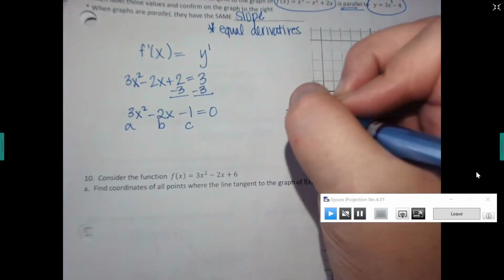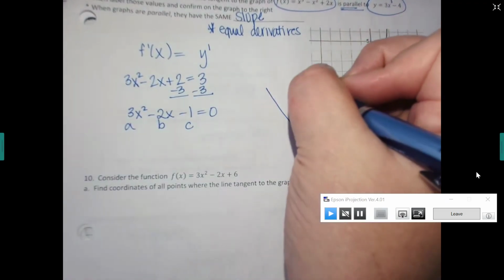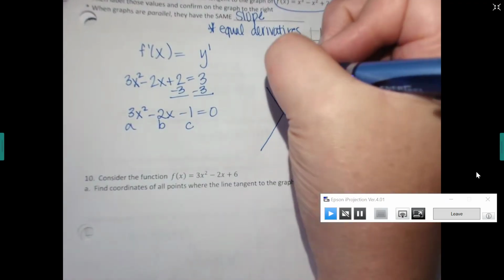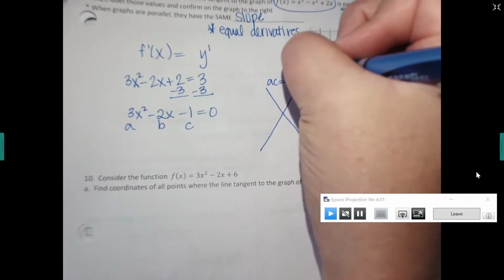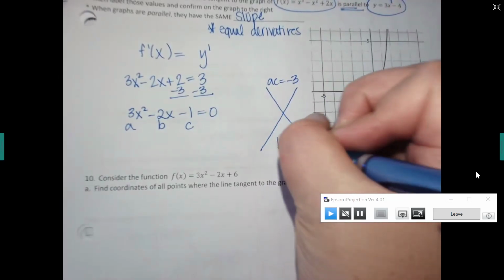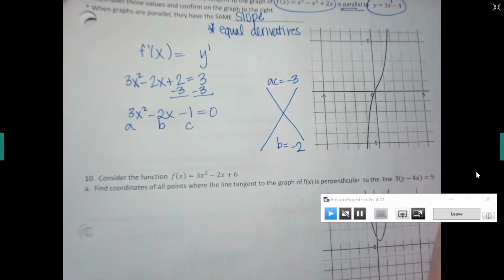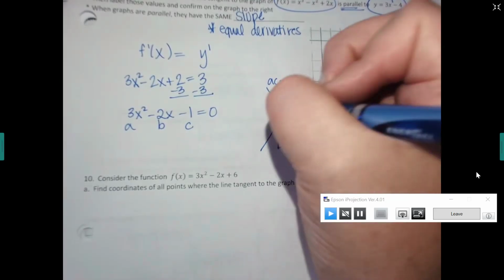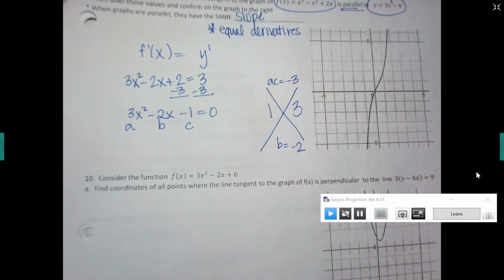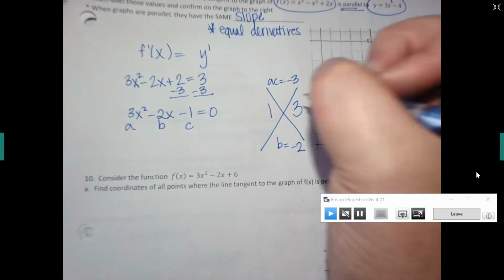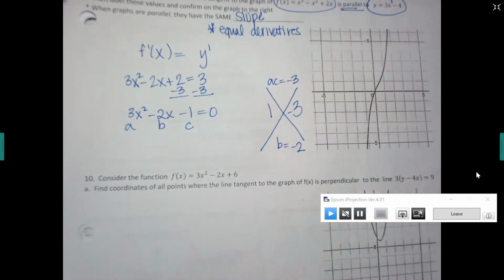I need numbers that multiply to what? -3. And then a -2 at the bottom. The only way to get 3 is 1 times 3. And then where should I place the negative? 3 side. Okay, now this is important. You might have forgotten this.